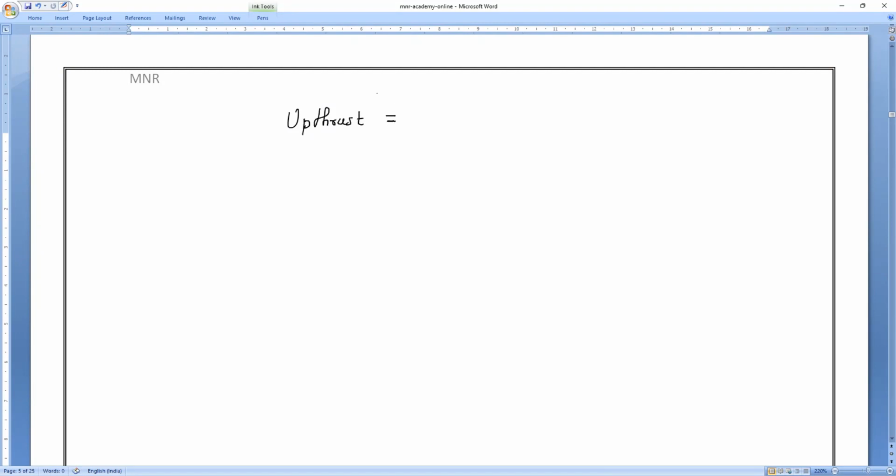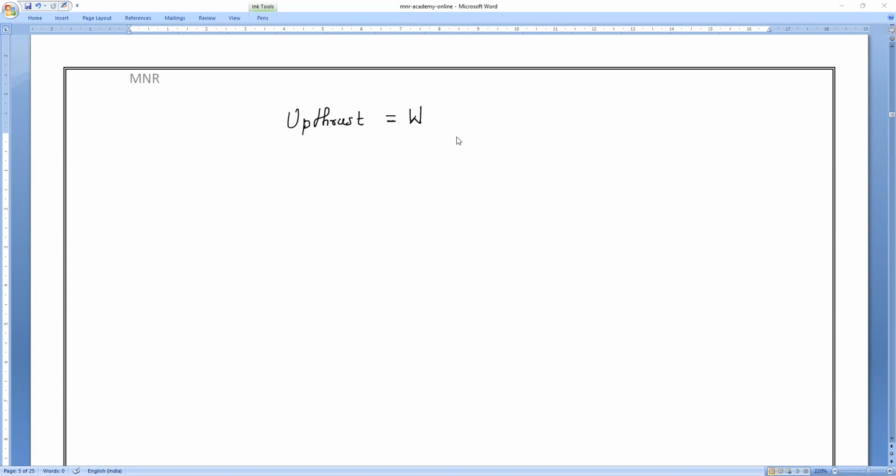Buoyancy force. So the buoyancy force is exerted by the liquid on which object, guys? Either a partially immersed object or a completely immersed object. So when the object is immersed partially or completely, the body will experience the buoyancy force.